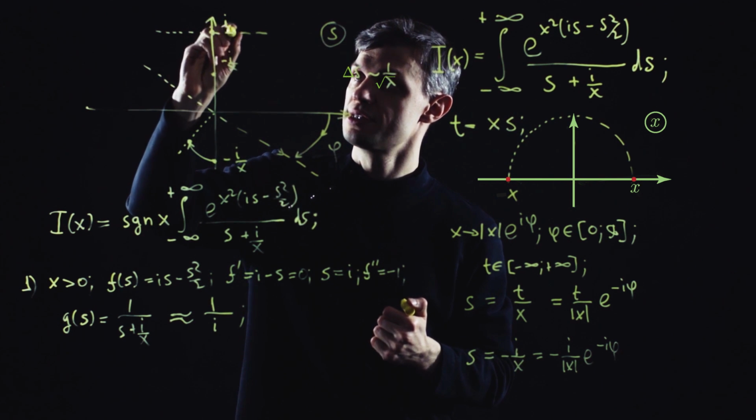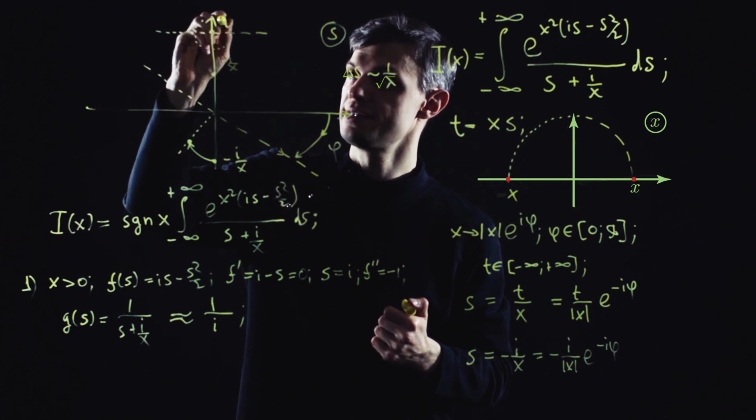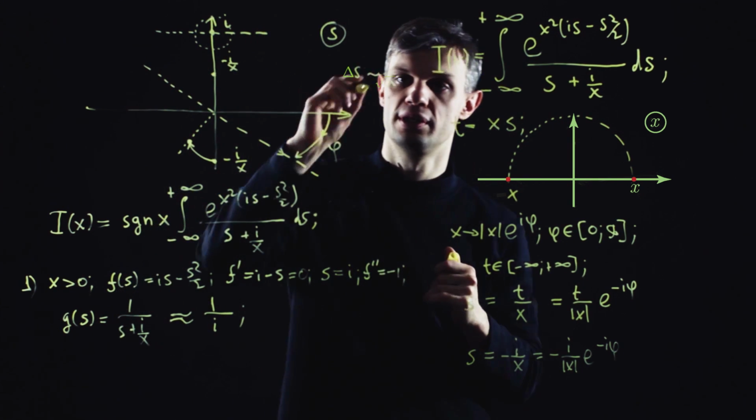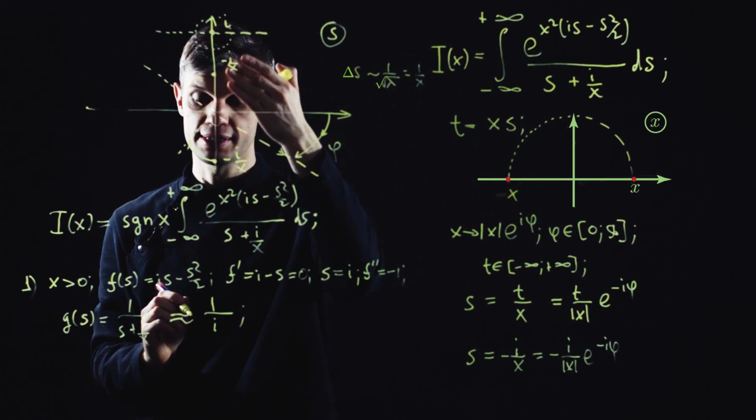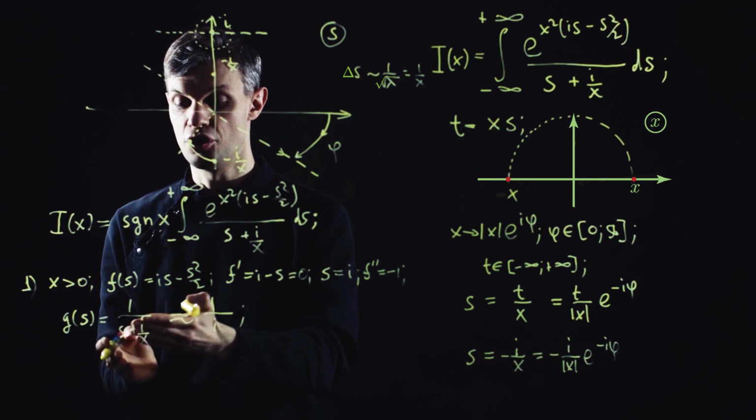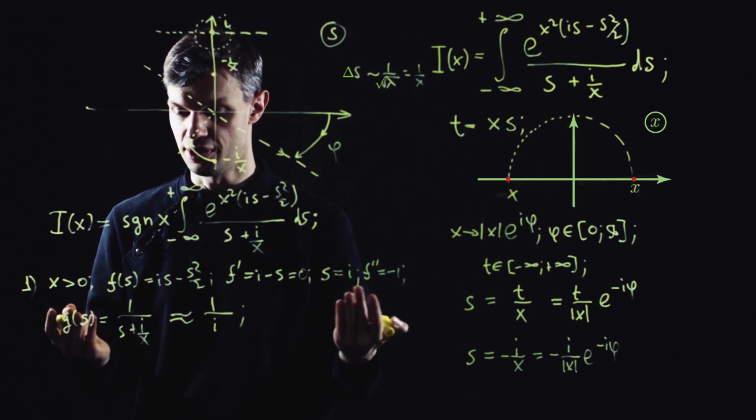So the important region is just a small disk of radius 1 over square root of lambda, 1 over x. And indeed, that gives us the reason to drop this 1 over x term altogether.